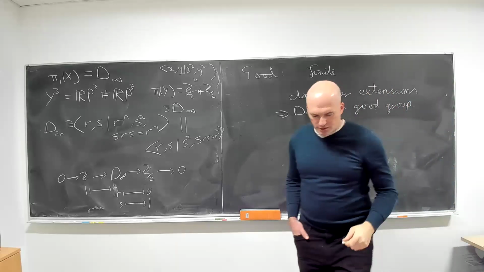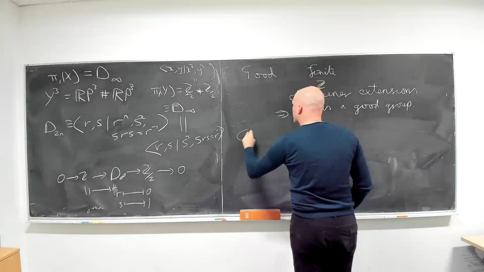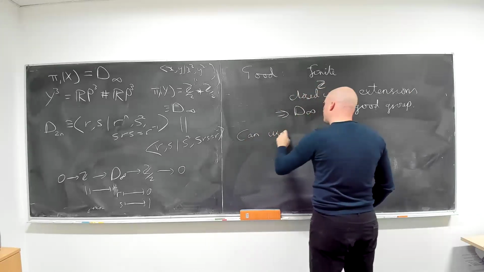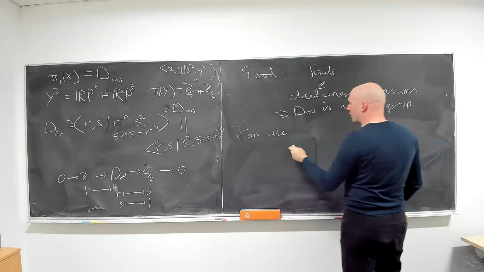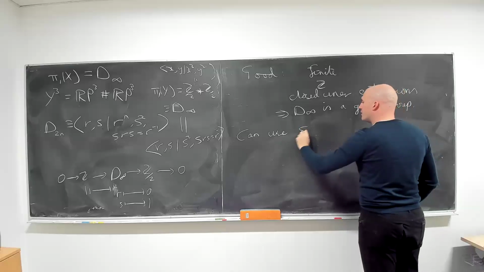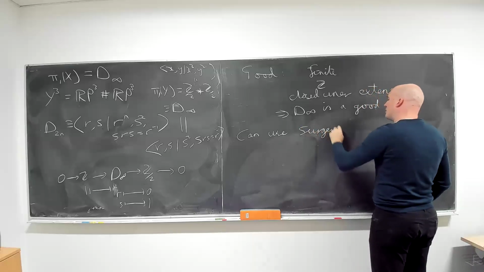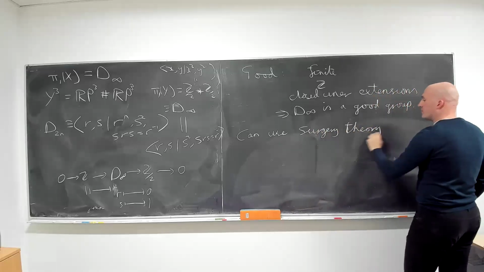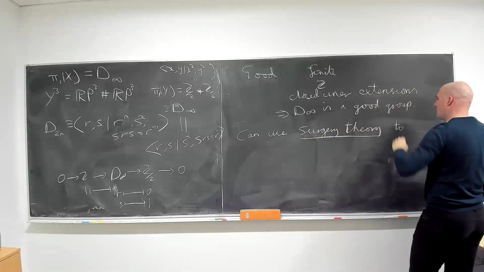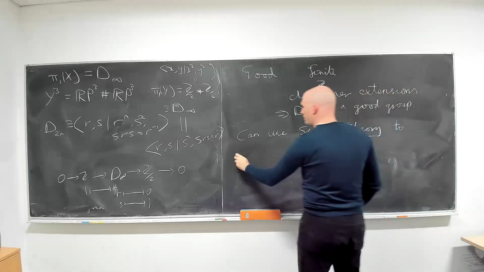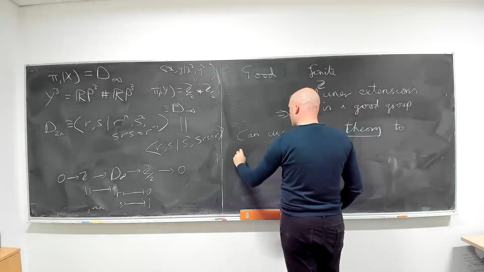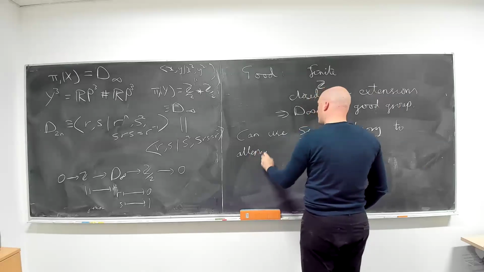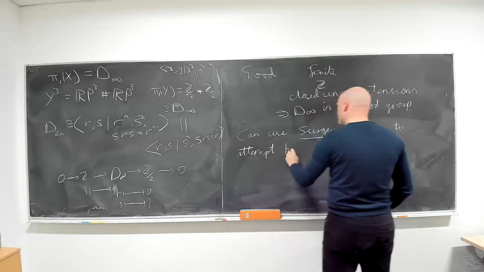And that means that we can use Browder-Novikov-Sullivan-Wall surgery theory to attempt homeomorphism classification.